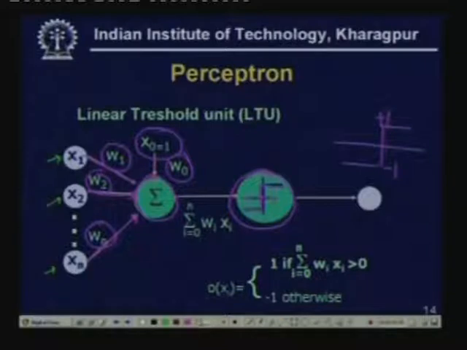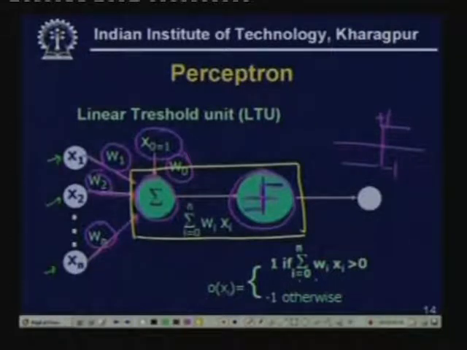So, this entire unit really computes this function, sigma wi xi for i varying from 0 to n, and if this summation is greater than 0, then the output is 1, otherwise the output is minus 1.